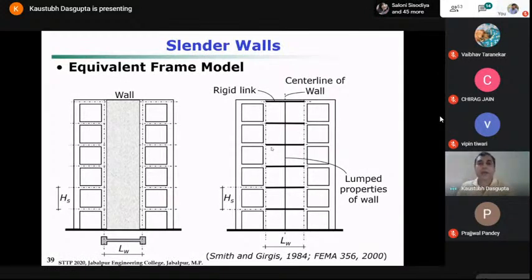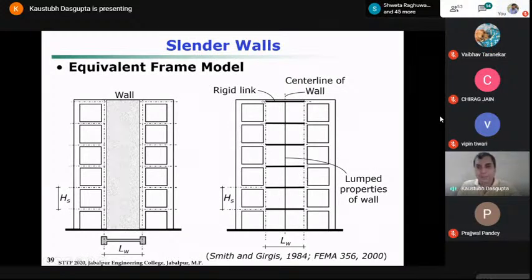However, since your wall has to bend like this, your floor level nodes should also follow the displacement of this center line node, because in reality it is your wall. The entire wall, what you are seeing here, is being replaced by this frame element.